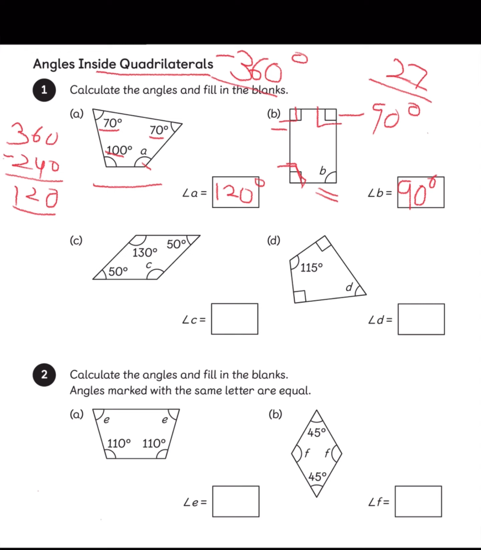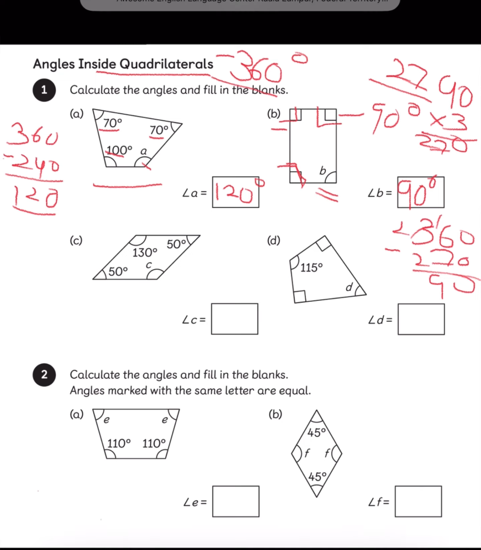Or you can add it directly or multiply. 9 times 3 is 27. And if I subtract from 360, you take 360 minus 270. And when you subtract, 16 minus 7 is 9.